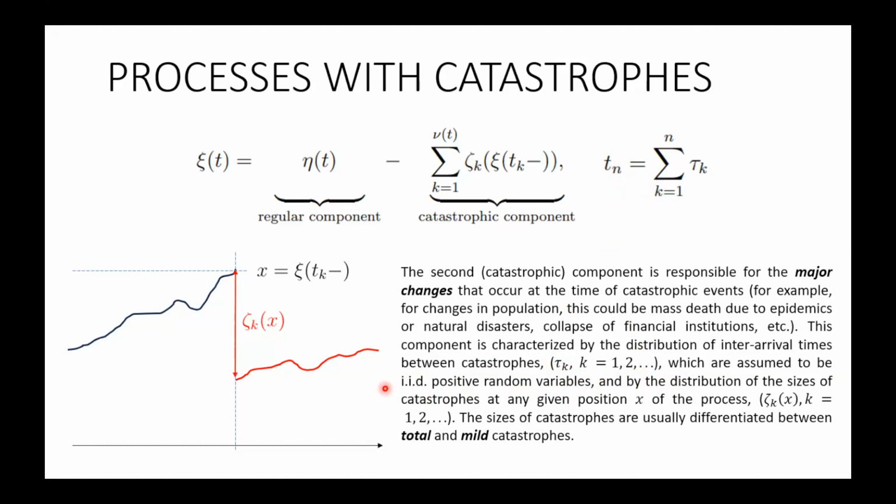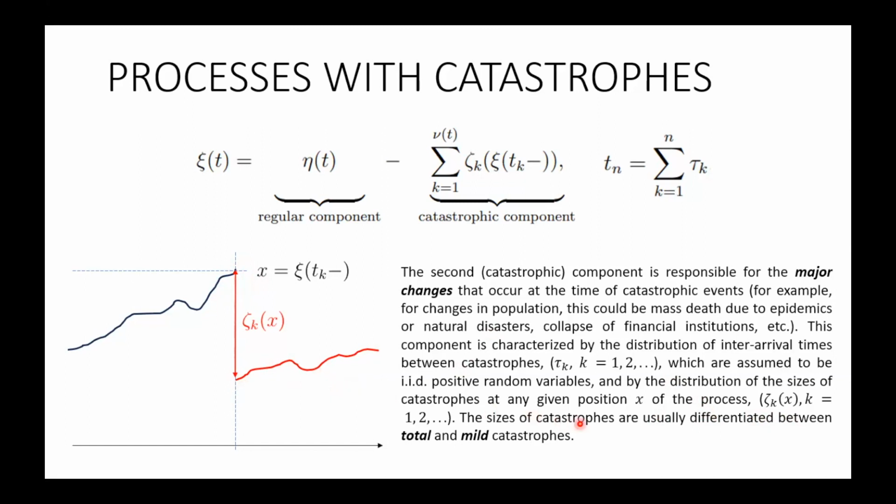The second component is the distribution of the size of catastrophes. Suppose that at any given position of the process is x, zeta k of x is the size of the catastrophe. It's a jump, a decrement that the process suffers at the catastrophic moment. So we need to define the distribution of such catastrophes.